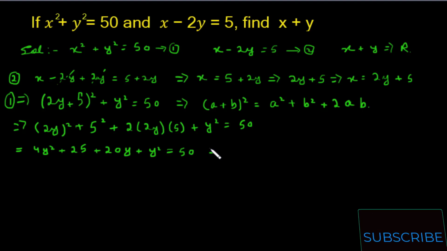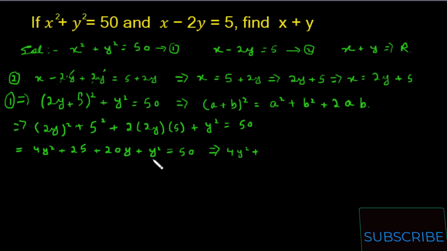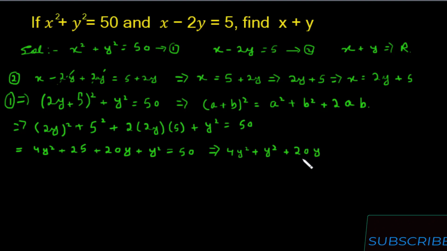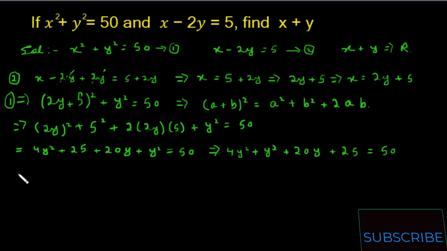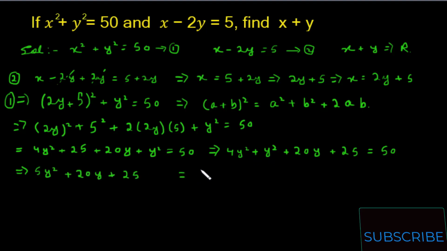Next I am going to combine these like terms. So we have 4y squared plus y squared, and 20y, plus 25 is equal to 50, and this will give us 5y squared plus 20y plus 25 is equal to 50. Here I am going to make this side 0, taking all the terms on one side of the equality.